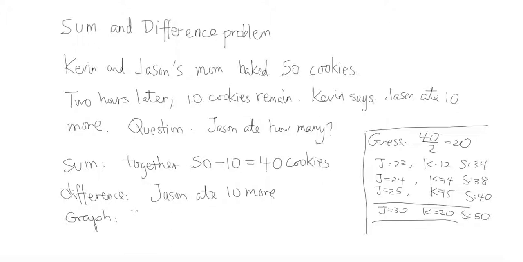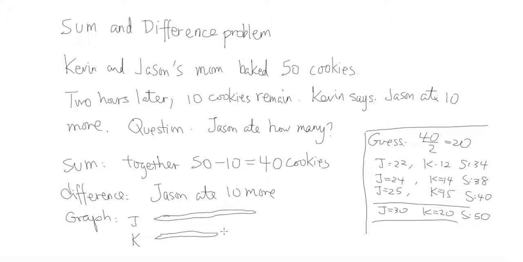You draw a graph for how many cookies Jason ate and how many cookies Kevin ate, a graph for J and a graph for K. Because you don't know the amount of cookies, you roughly use a long line to represent what Jason ate, and then a shorter line, because Kevin ate less, to represent what Kevin ate.